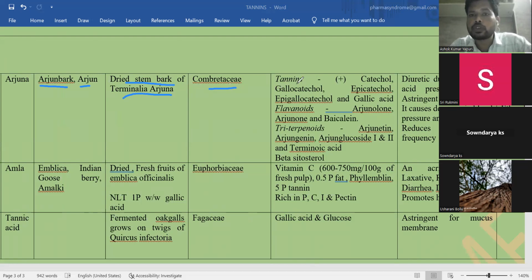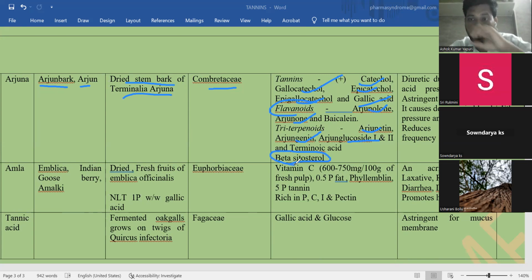Regarding chemical constituents, tannins like catechol, gallocatechol, epicatechol, epigallocatechol, gallic acid are the general chemical constituents. But important ones are flavonoids like arjunolone, arjunone, and triterpenoids like arjunetin, arjunic acid, arjunglucoside 1 and 2, and also beta sitosterol.